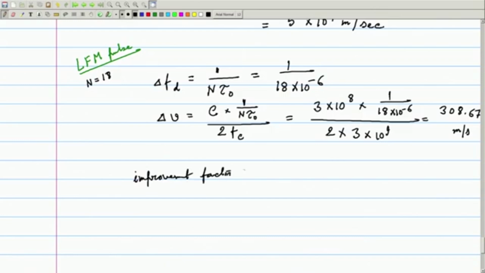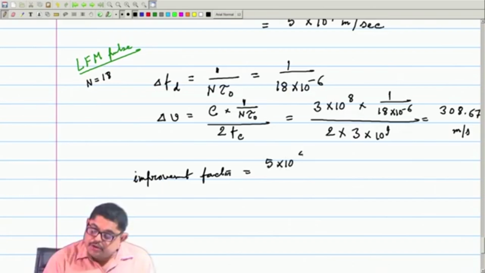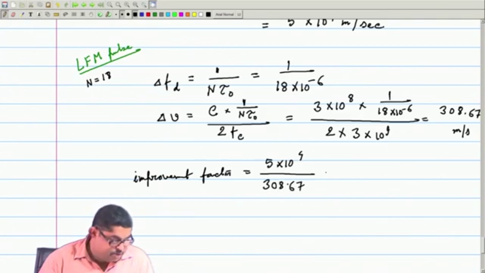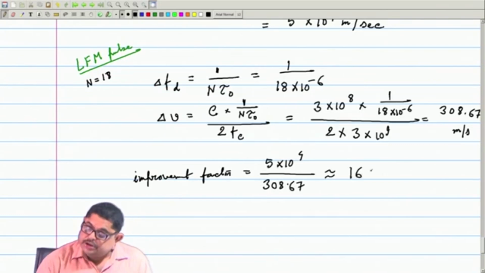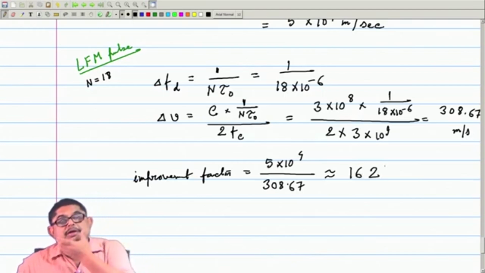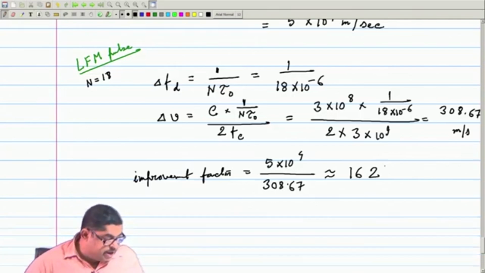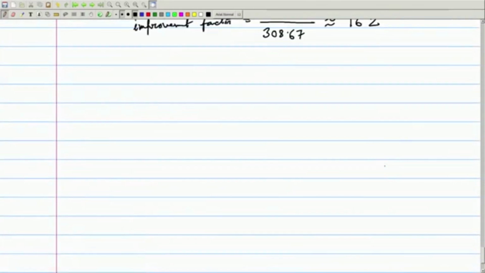So, you see that with 18 pulses, the improvement factor is 5 into 10 to the power 4 divided by 308.67. So, almost 162 times improvement you are getting in the LFM pulse also, provided you integrate some pulses.